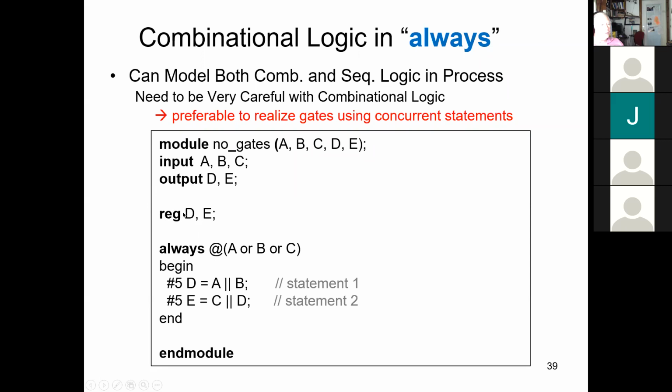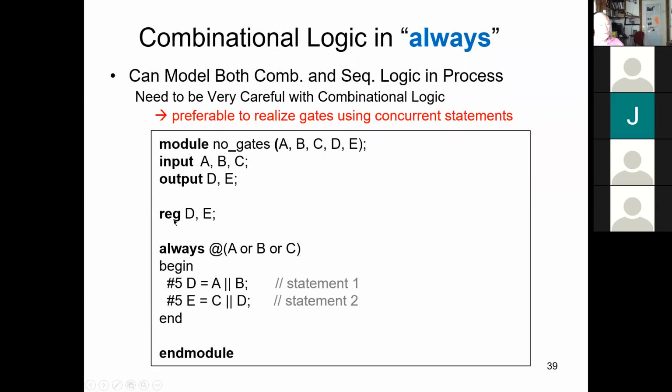And what that means is D and E are registers. A, B, and C are wires. Now, the reason A, B, and C have to be wires is because they're driven by the inputs. So these are driven from some external gates. So these just need to be wires. But D and E are outputs, and they have to potentially hold their value. So we have to call them registers.